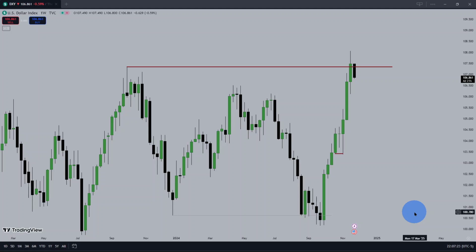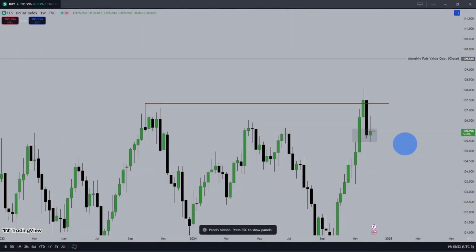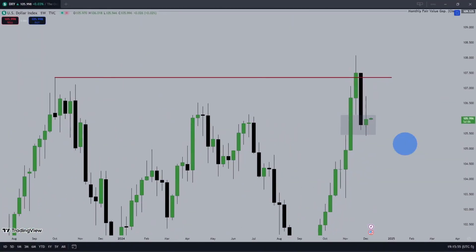And then if you're holding your trades, you're holding for a near-term price objective, which would be the open of the weekly fair value gap. And that's how you want to be thinking. Price action has to validate your direction on your target, and we are seeing the markets respect this weekly fair value gap.